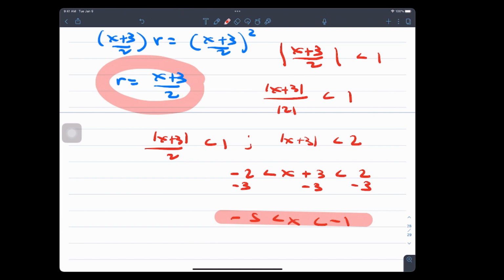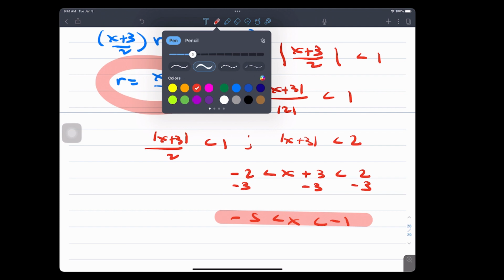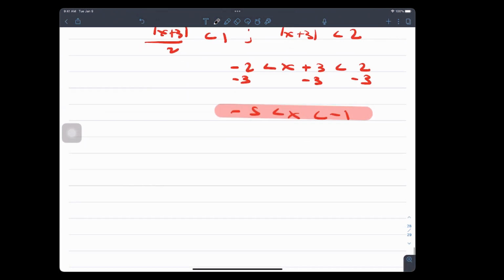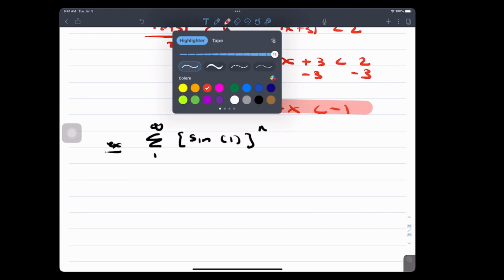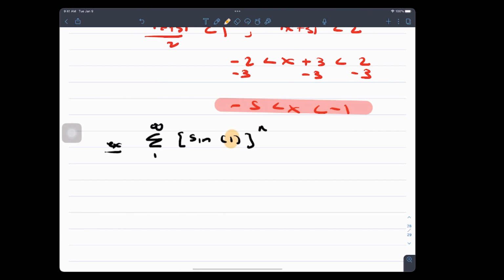Now, this is another geometric series, ladies and gentlemen, believe it or not. The sum of sine of 1 to the nth power. Now this is not degrees. This is in radians here.